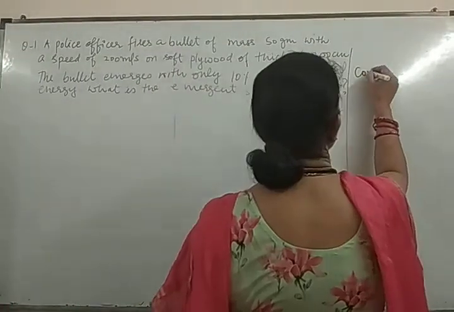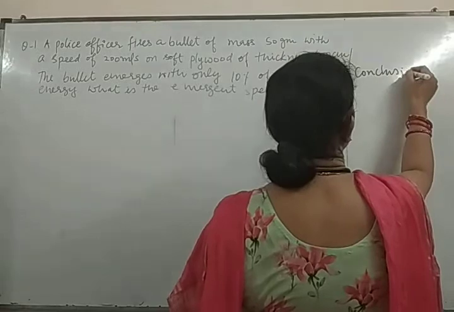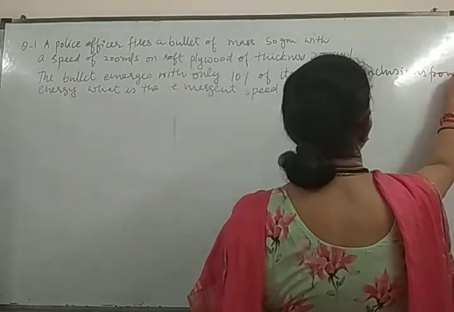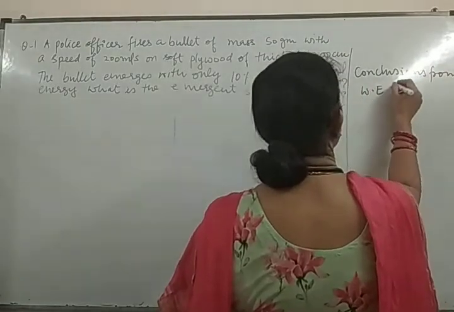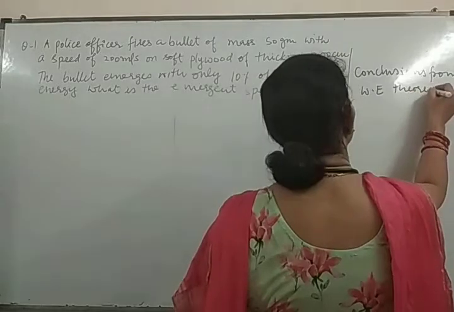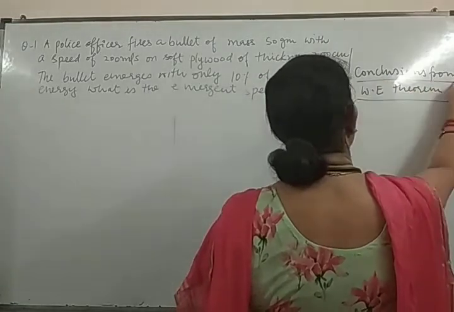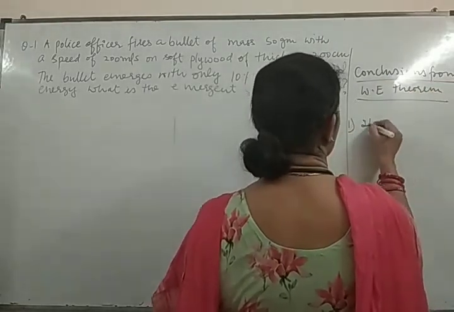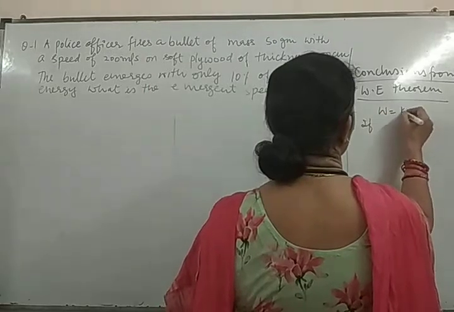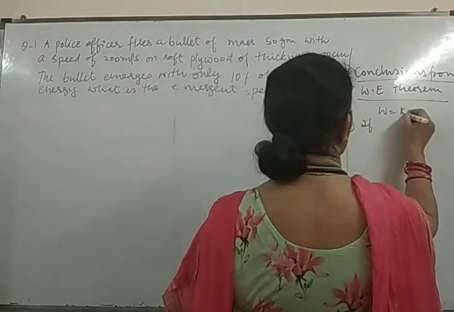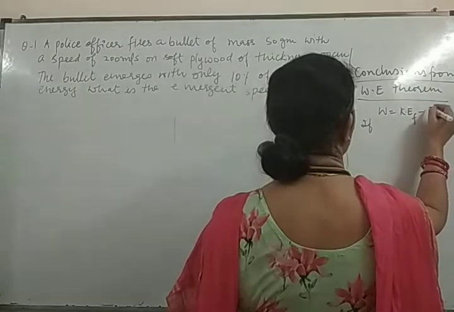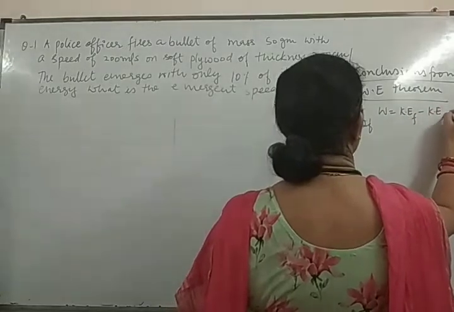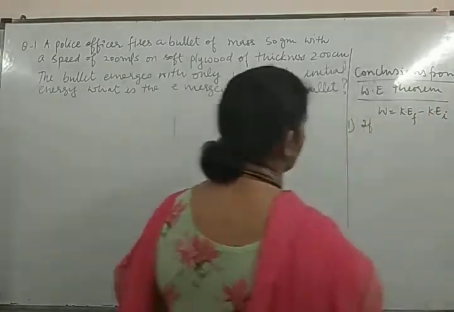Conclusions from the work energy theorem. Number 1, W is equal to kinetic energy final minus kinetic energy initial.